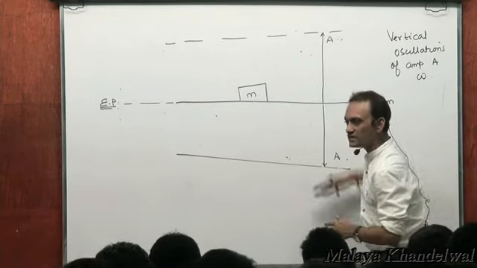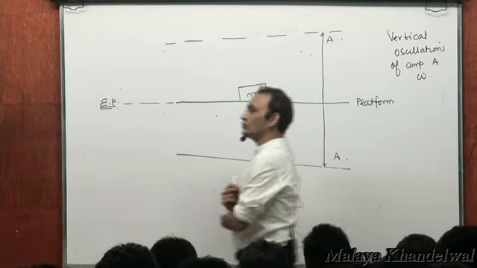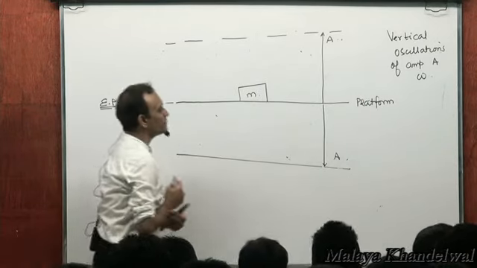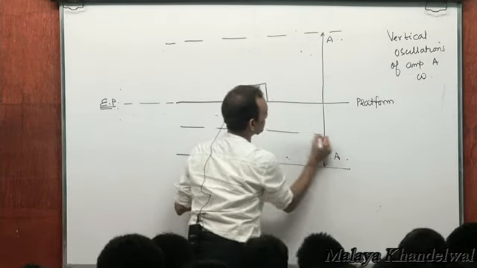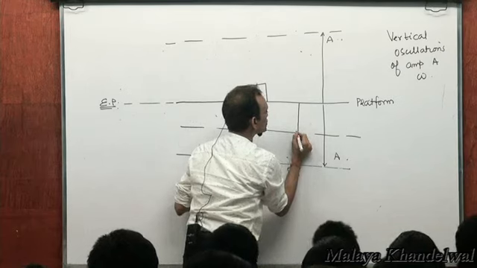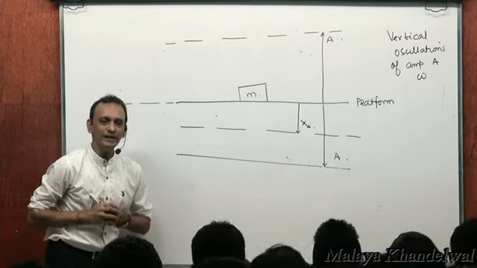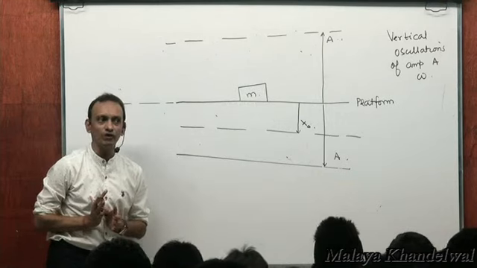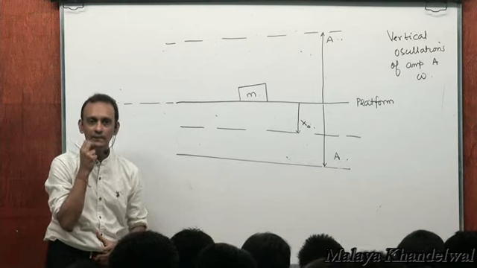A units above this, A units below this. Now, let me imagine the platform to be, at some instant of time, x naught units below the equilibrium position.